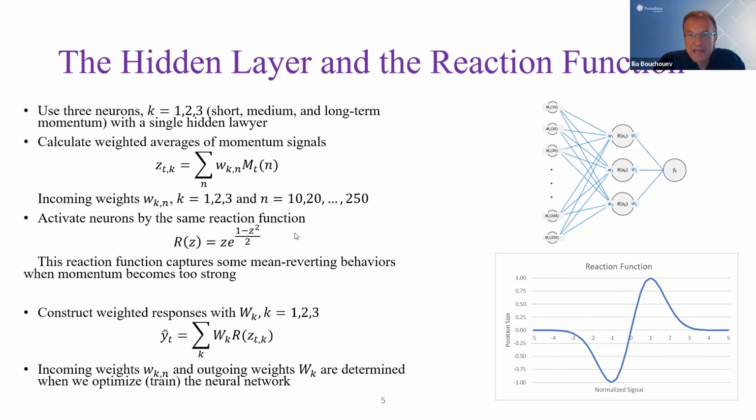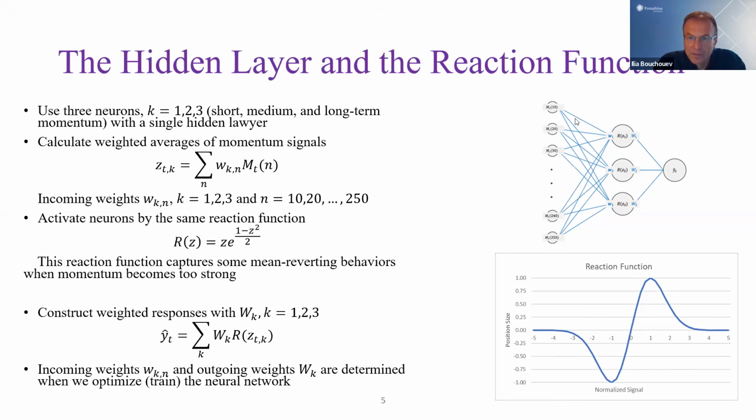So we apply the same reaction function, for simplicity, to all of these 3 neurons. Then we weight them with outgoing weights. We weight the strength of each neuron, because we don't know yet which of these 3 is more or less relevant. This weighted average response gives us the aggregate position.